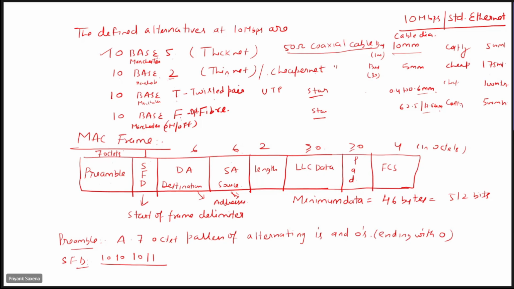SFD is the start frame delimiter, just to say that the next bit is the frame bit. DA is the destination address of 6 bytes, the source address is 6 bytes, the length of the frame is 2 bytes, and LLC data should be greater than 0.